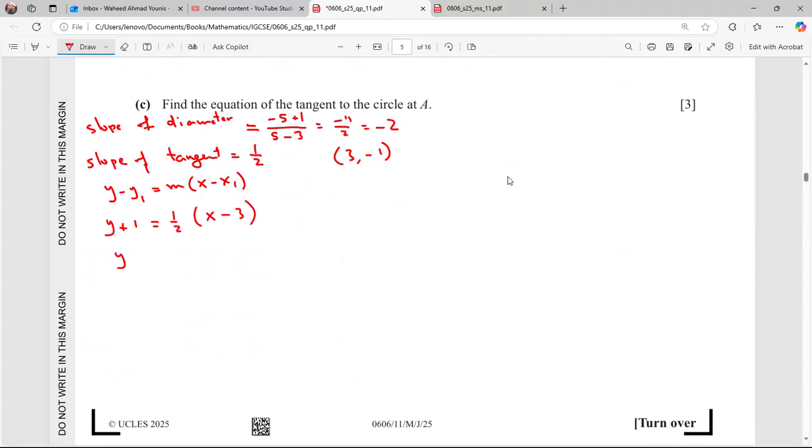So y equals 1/2 x minus 3/2 minus 1. So y equals 0.5x, and minus 1.5 minus 1 is minus 2.5.